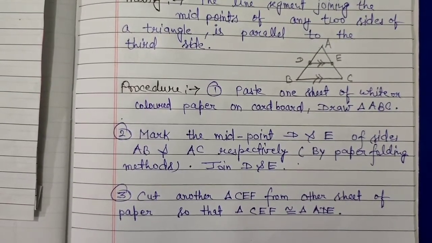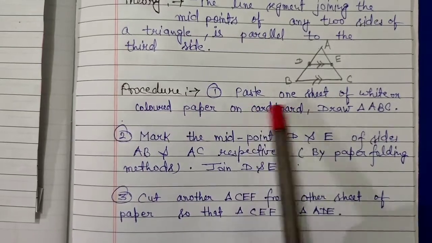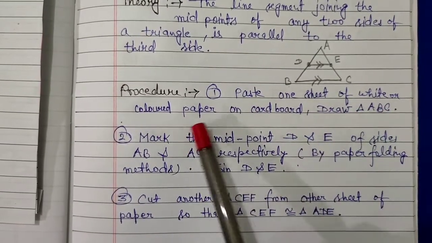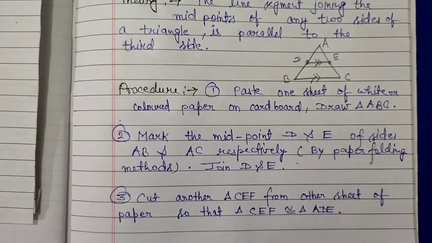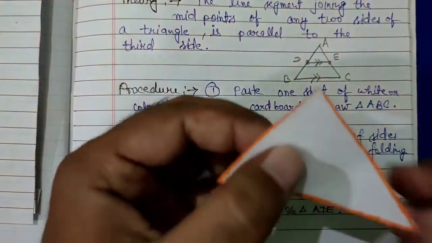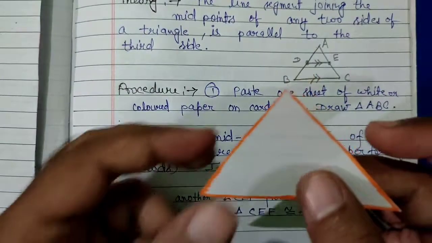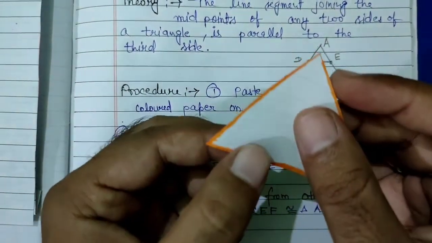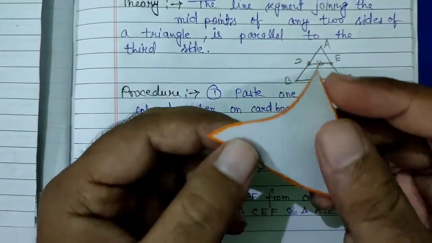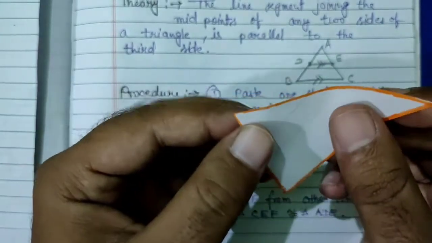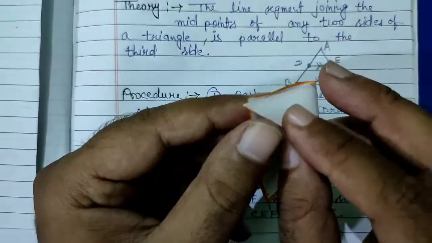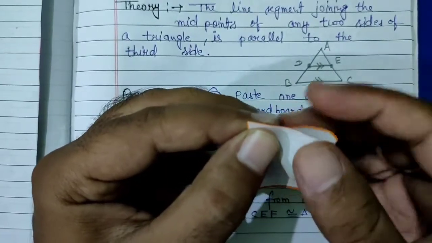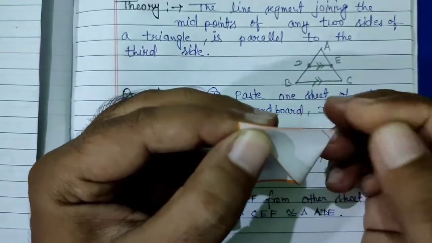First of all, you can see here what is written here. Paste one sheet of white or colored paper on the cardboard. Before doing this, take a triangle ABC and by paper folding method find the midpoint of it. How can you do this? Just join the end point of it like this and join it.